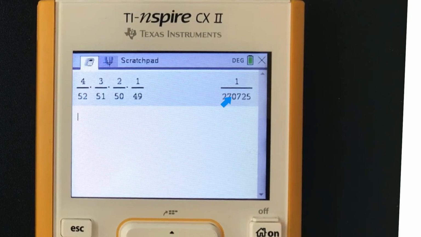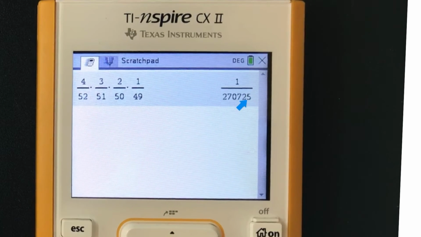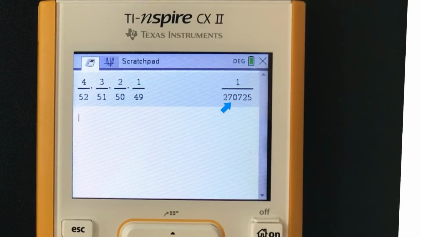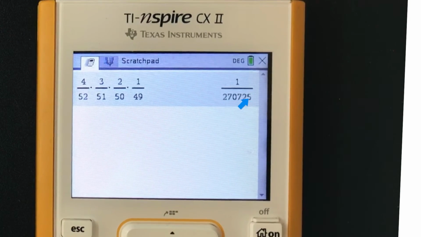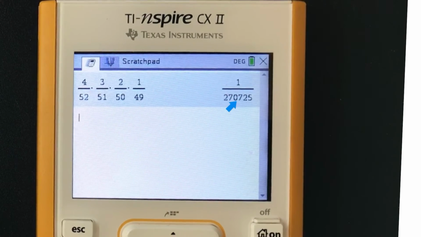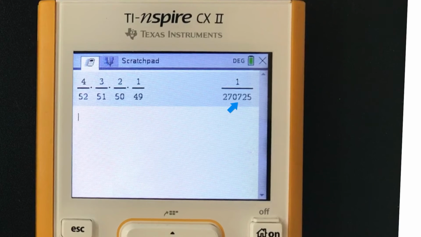So what this means is that out of 270,725 times that you tried that, it would happen 1 single time, theoretically. You would have to do it 270,725 times before it would happen once. So would you say that's good odds or low odds? Low odds. Pretty low odds.